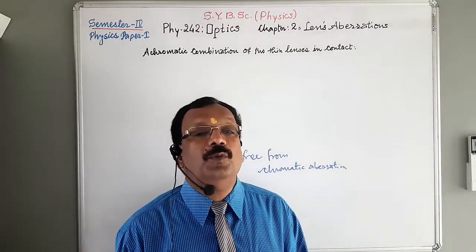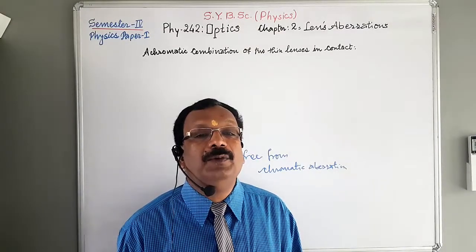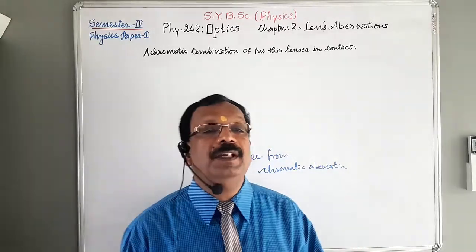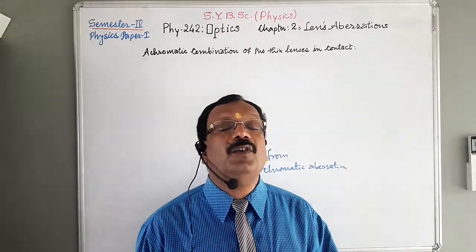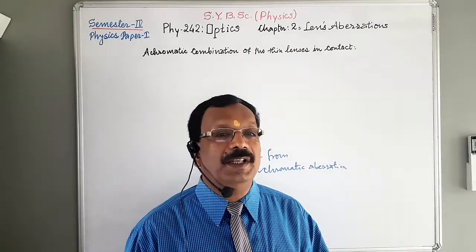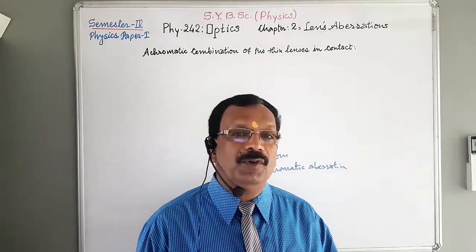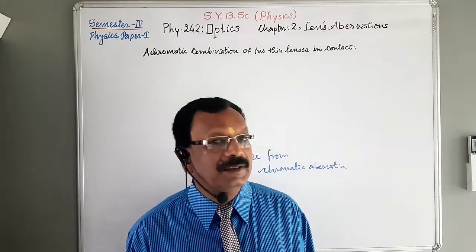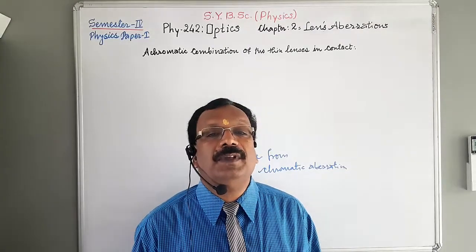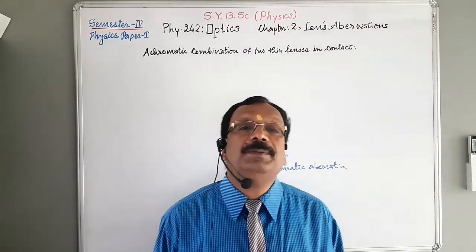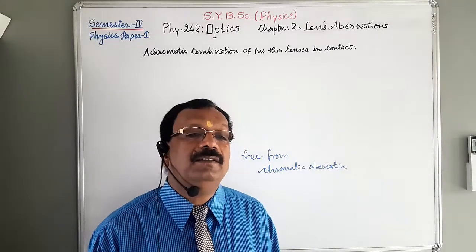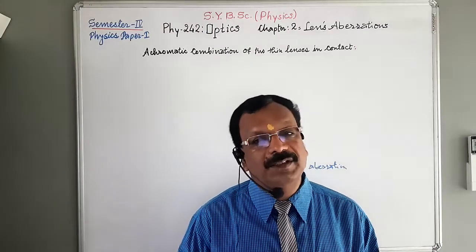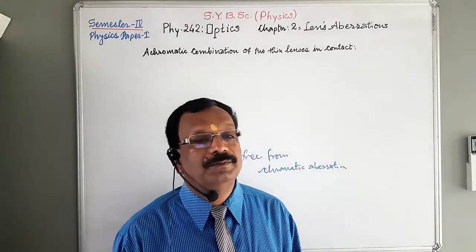When two or more lenses are combined together in such a way that the combination is free from chromatic aberration, then such a combination is called an achromatic combination.